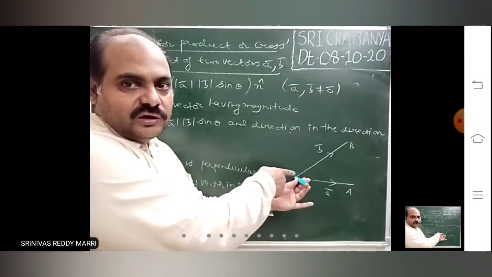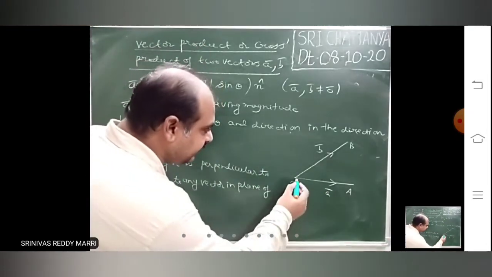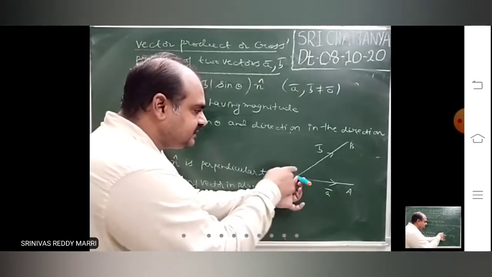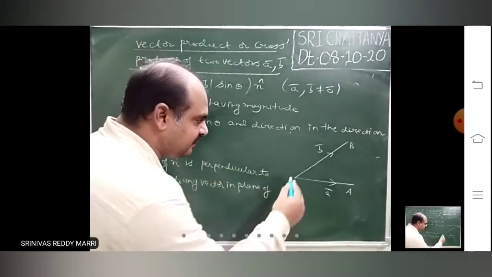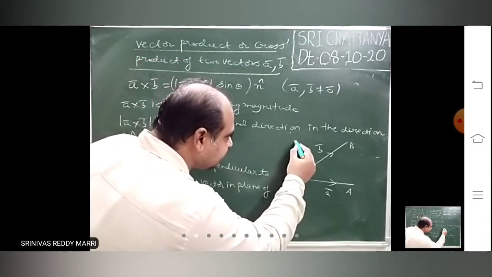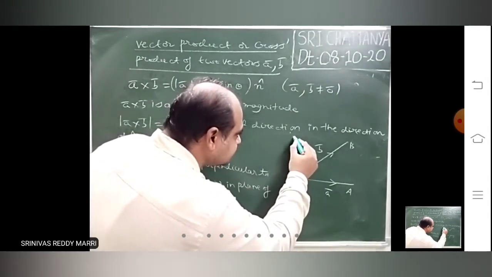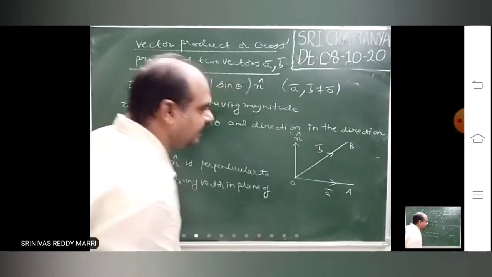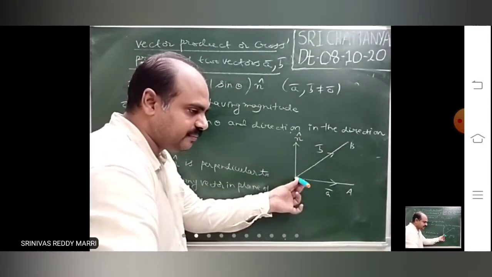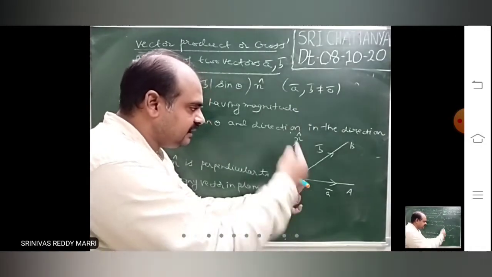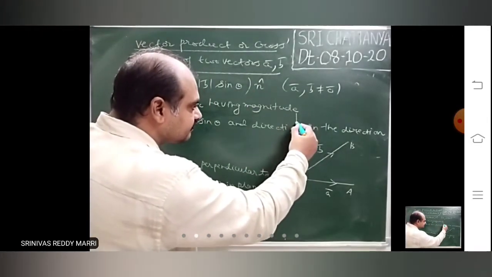So O to your face direction, n cap will lie. That I cannot represent in the air. It will not be visible for you. That's why I am representing that like this. N cap, this direction, this is normal. That normal only I am representing like this. This is normal actually.